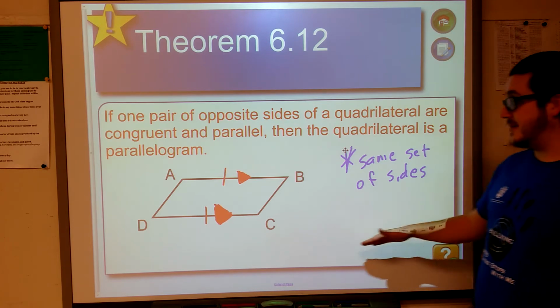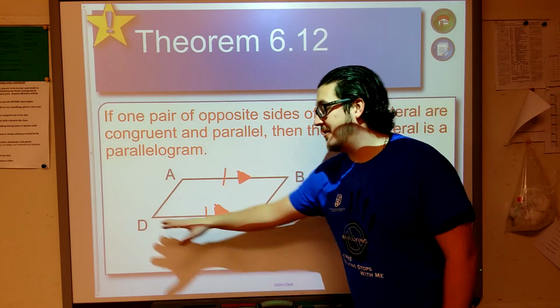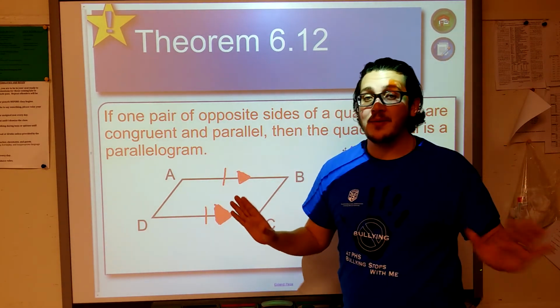The same set. I wouldn't be able to show AB parallel to CD and then go and try to figure out if AD is congruent to BC. We wouldn't be able to prove it's a parallelogram.